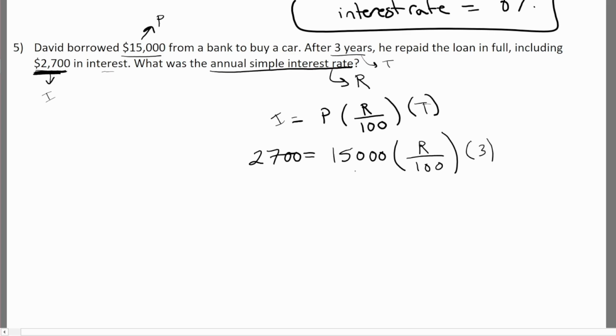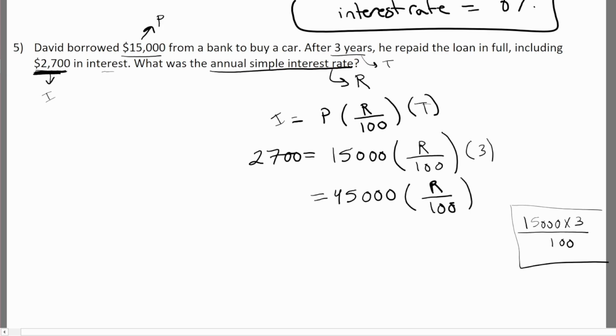Again, like the previous time, you can just plug in 15,000 multiplied by 3. Or instead, you can go on your calculator and plug in the entire expression, 15,000 multiplied by 3 over 100, if you want to do it faster. Right now, I'm just going to do it step by step. So 15,000 by 3 is going to give us 45,000 multiplied by R over 100.